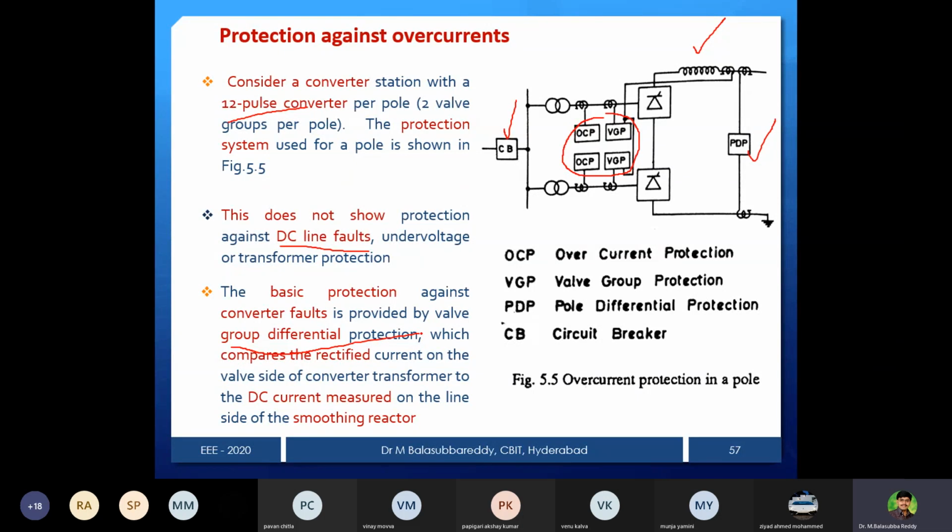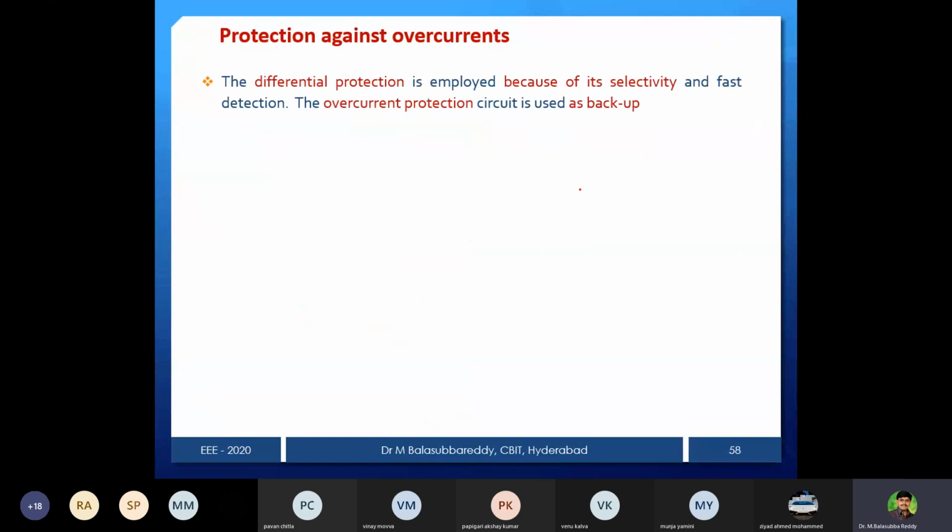That is one of the protection schemes, which compares the rectified current on the valve side of the converter transformer to the DC current measured on the line side, of the smoothing reactor. So these two will compare. Consequently, the differential protection is employed because of its selectivity and fast detection. So if you use a differential protection, there is a fast detection.